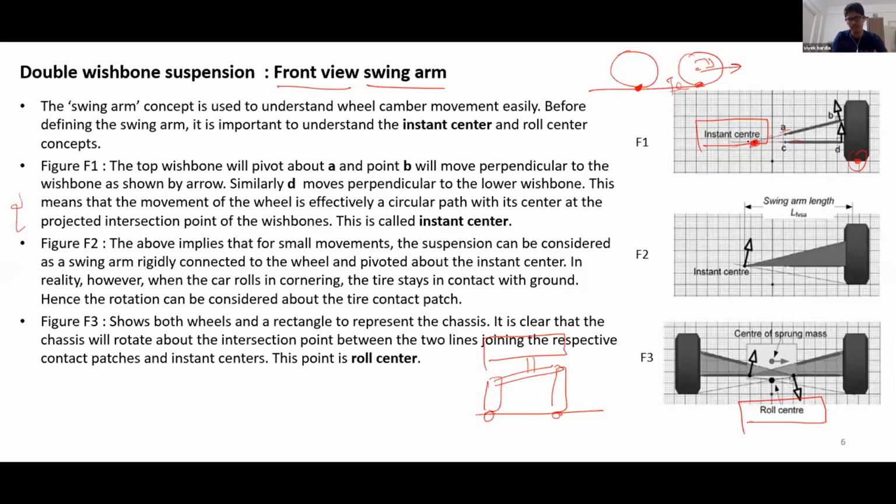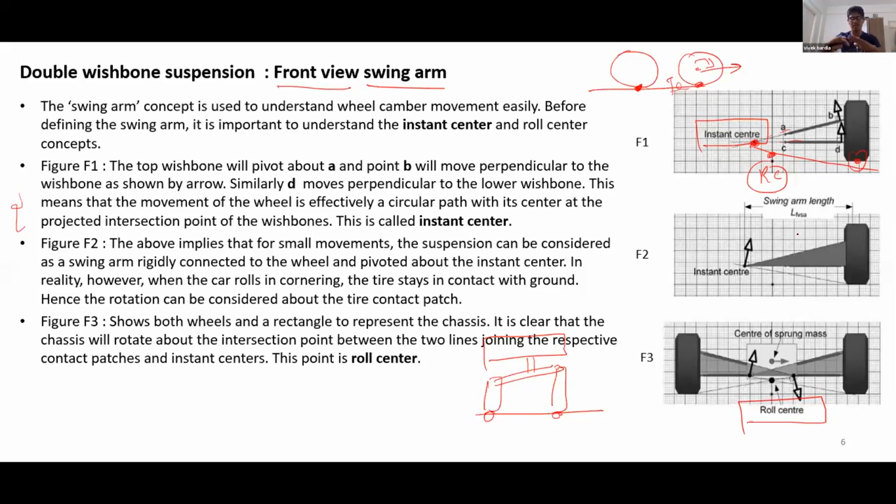When we connect the instant center to the tire contact patch, you get a point on the vertical plane which is called the roll center. The roll center is the point about which the lateral force acting on your chassis is reacted by the suspension, right? For all practical purposes, you can consider the chassis to be rolling about the roll axis, which is created by joining the front roll center and the rear roll center.